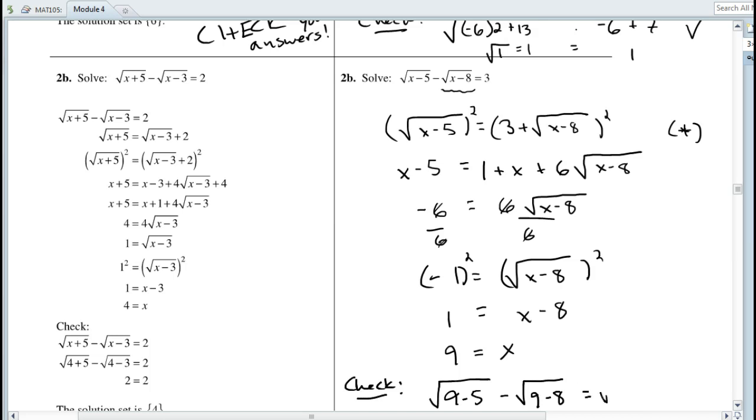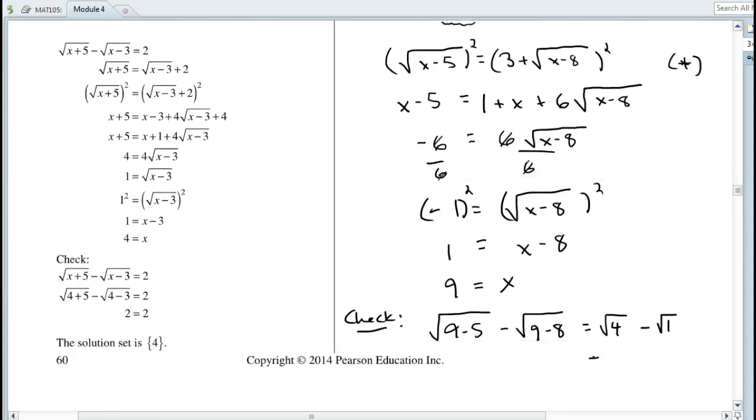We get the square root of 4 minus the square root of 1, which is actually equal to 2 minus 1, which equals 1. So this one does not check. So in this case, no solution, because x equals 9 actually doesn't work.